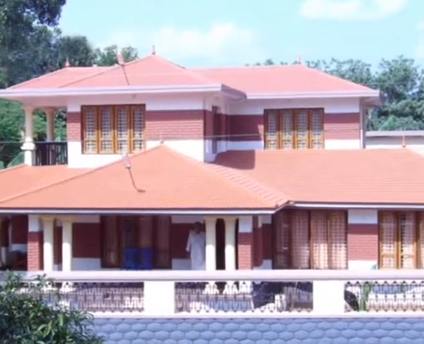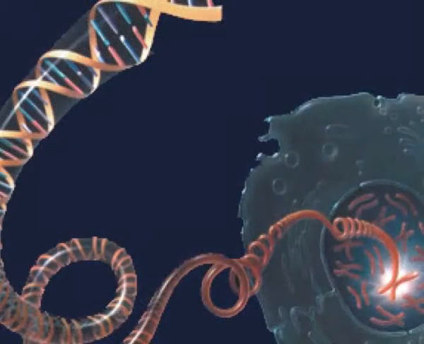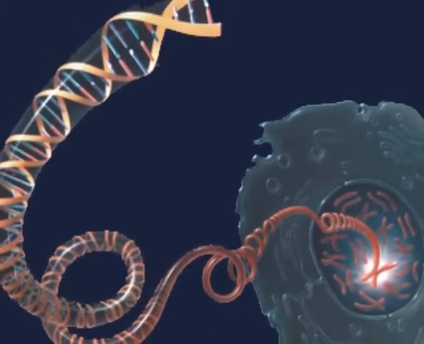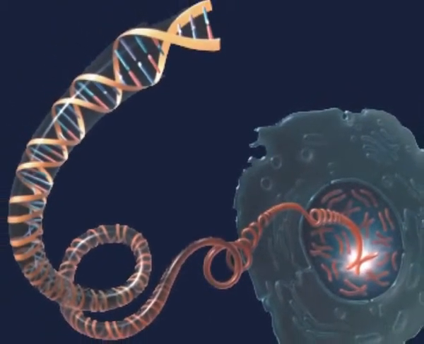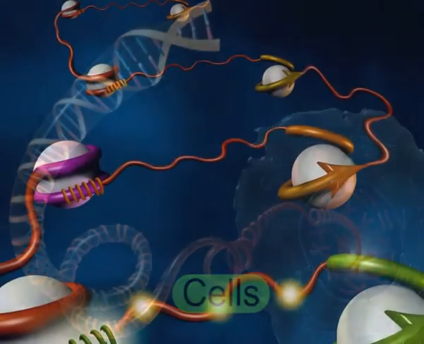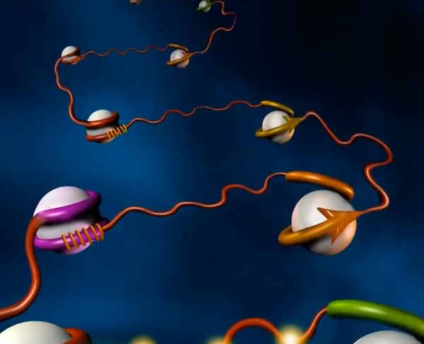Although all houses are made up of bricks and cement, still they look different. Similarly, all of us are made up of the same basic material, the cells, having deoxyribonucleic acid, that is DNA, but still we look so different.